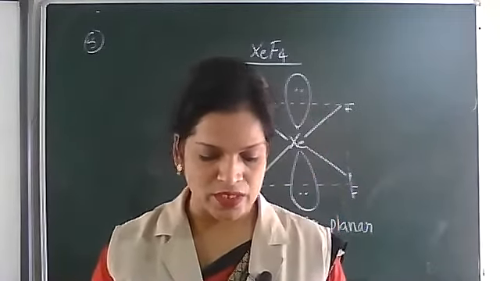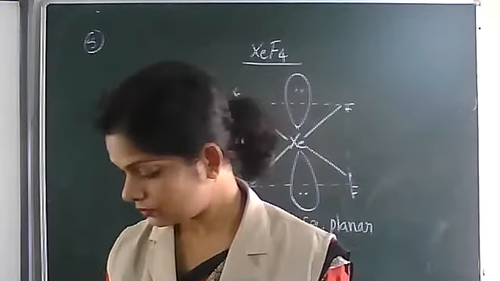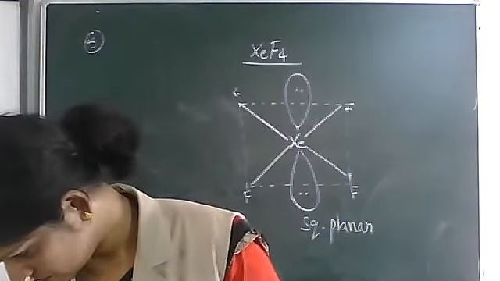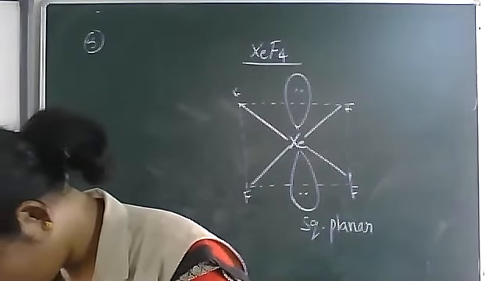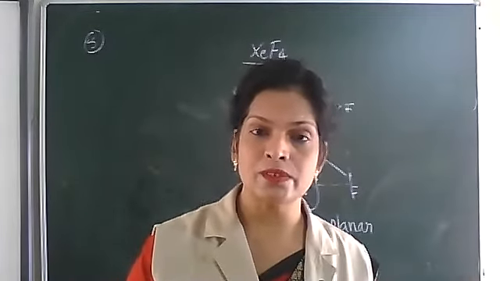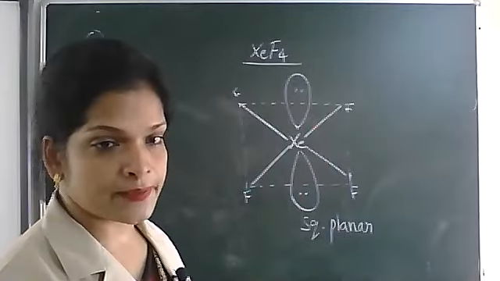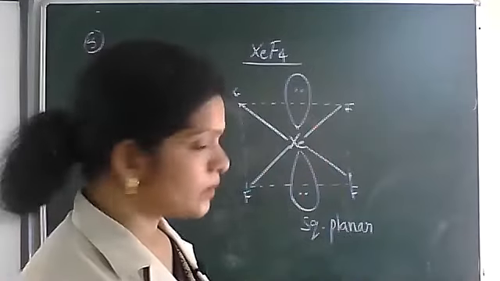So that's about the structures according to the VSEPR theory: molecules with no lone pairs on the central atom, molecules with lone pairs on the central atom. Alright, thank you.